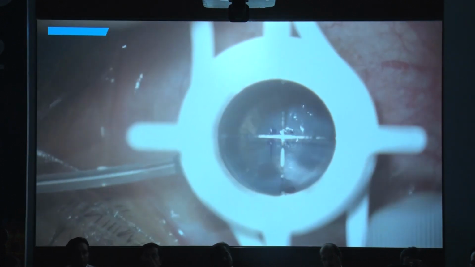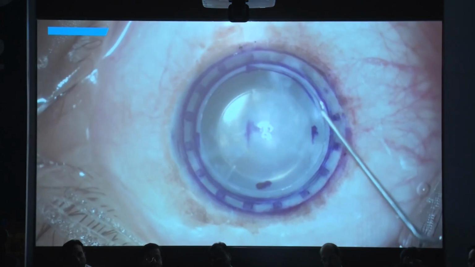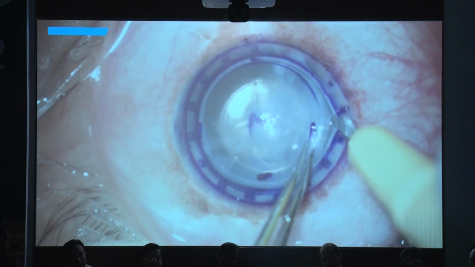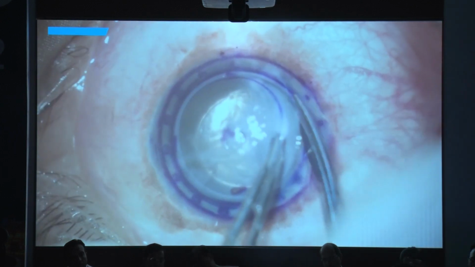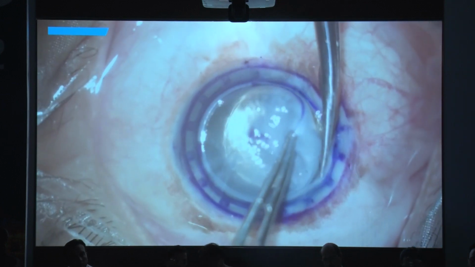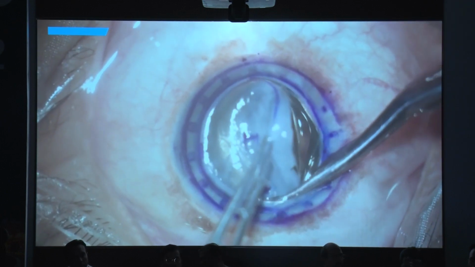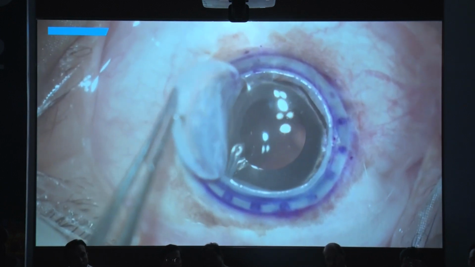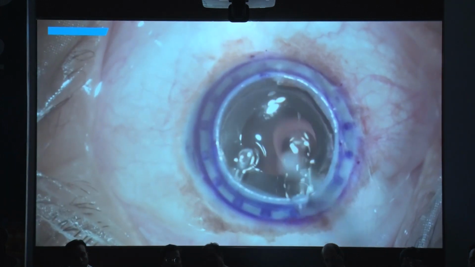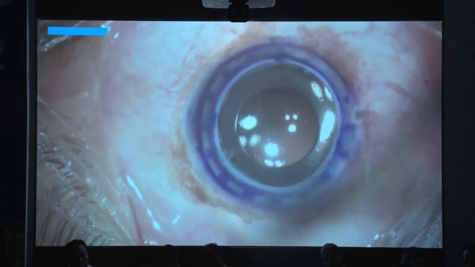8 mm of recipient cornea is trephined using Barron vacuum trephine. OVD is injected and AGV tube is trimmed to prevent it from touching the donor cornea.